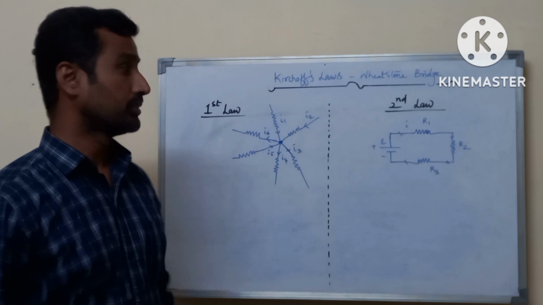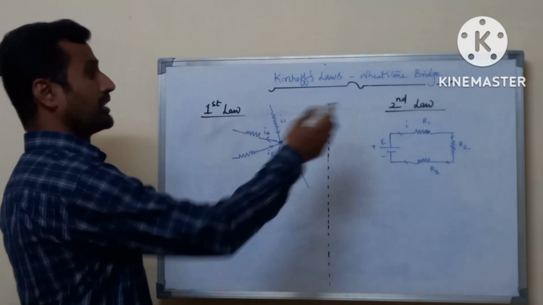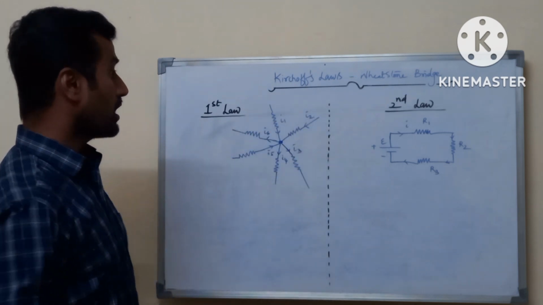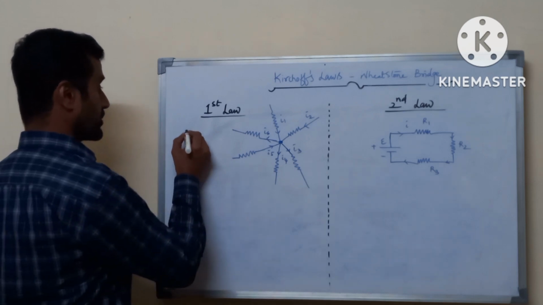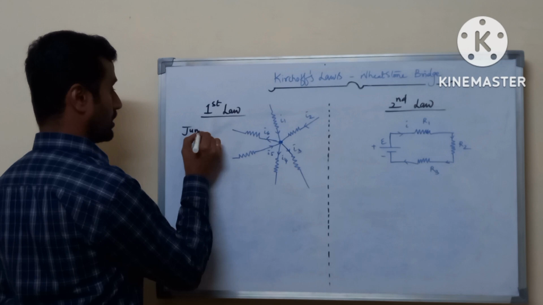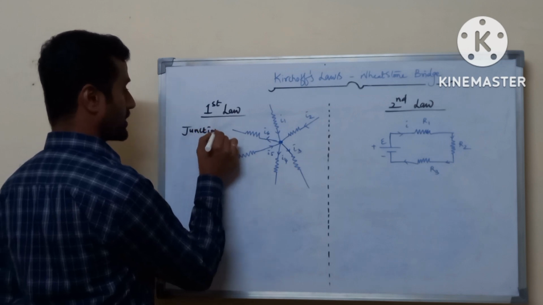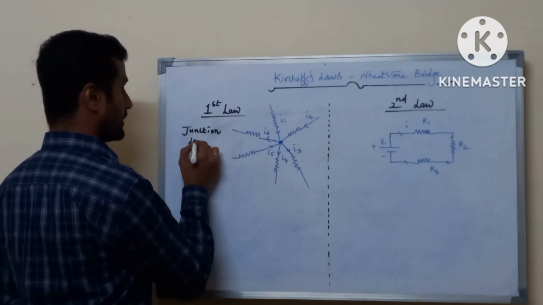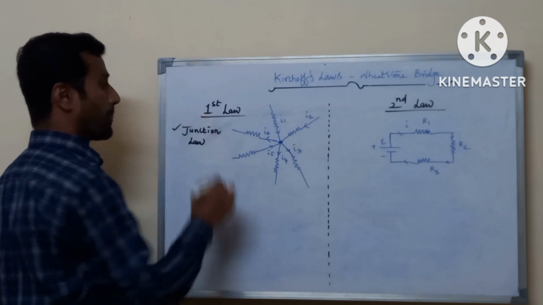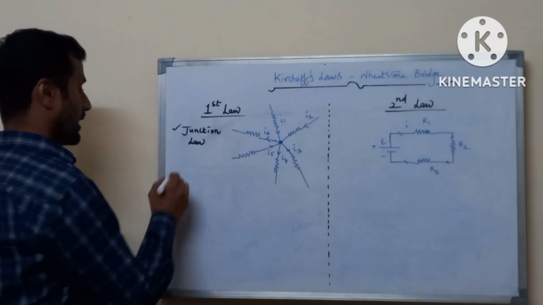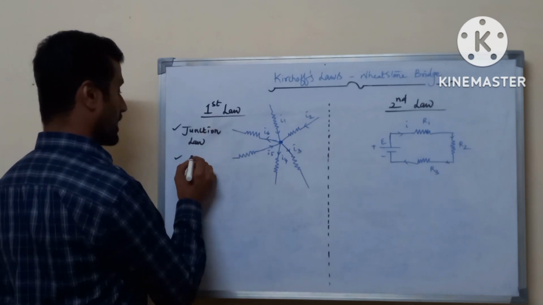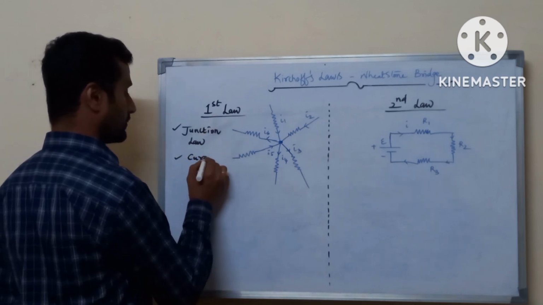Let us understand Kirchhoff first law and second law. Kirchhoff first law is applied at the junction, so it is called the junction law. It also deals with currents, so it is also called the current law.